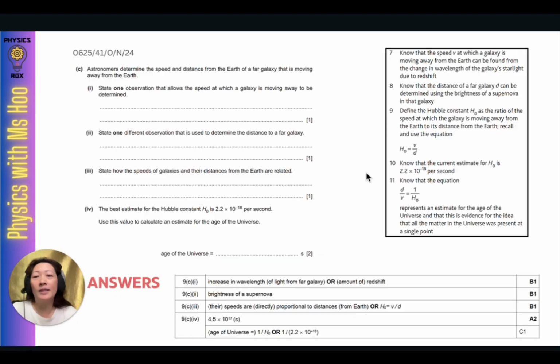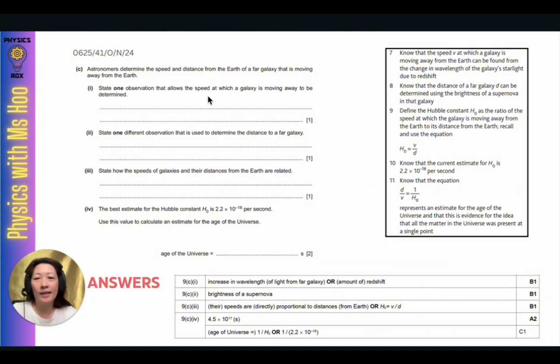Astronomers determine the speed and distance from the Earth of a far galaxy that is moving away from the Earth. So you've got a whole bunch of different questions from the space physics unit, while the answers to all 4 of these questions are right there in the syllabus guide, as you can see from this extract I've put on the right side here. So let's start with C1.